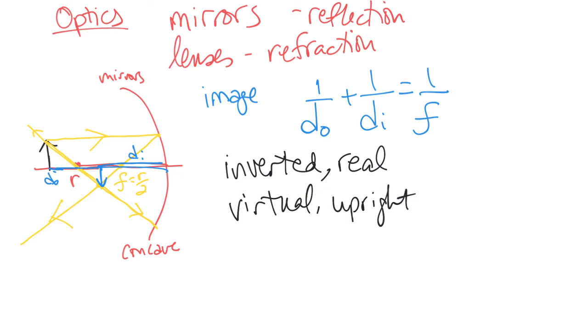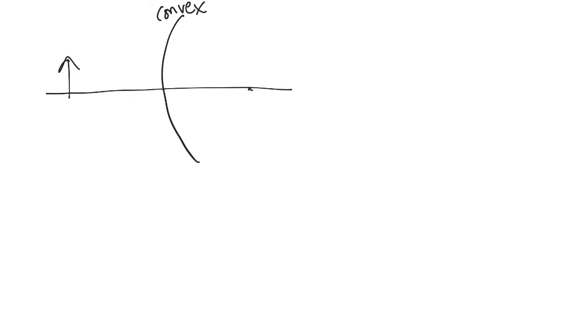So let me show you a ray diagram for that one. In this case, we've got a convex mirror. Here's our object. Here's our radius of curvature. Here's our f. Remember, f is r over 2. So let's get some light colors. So here's what happens.